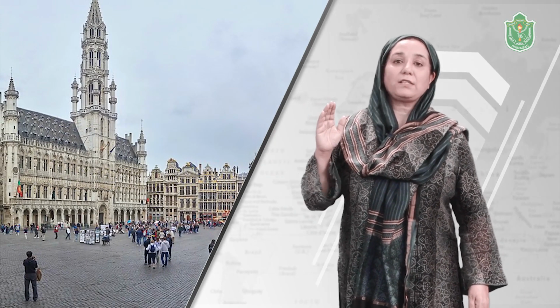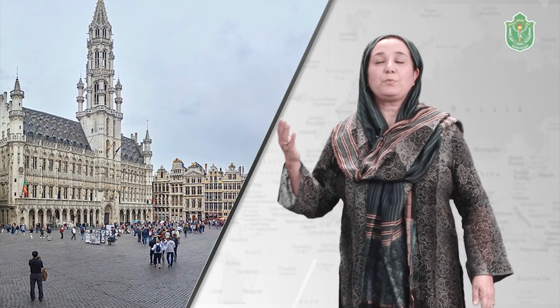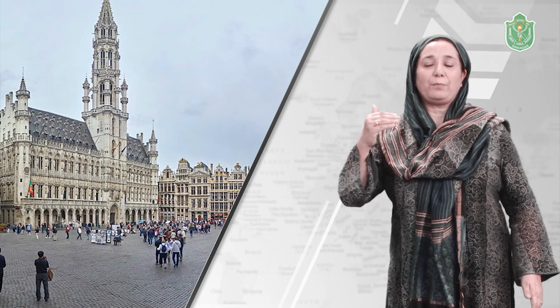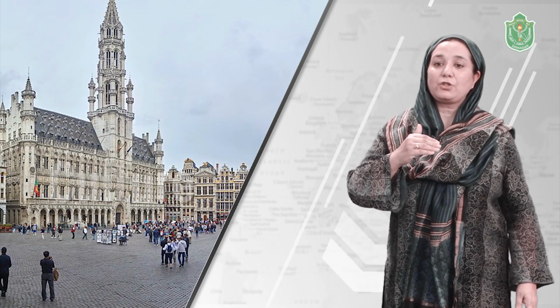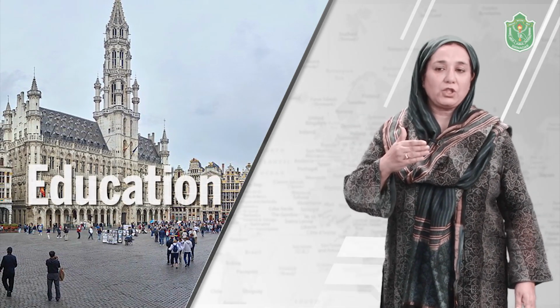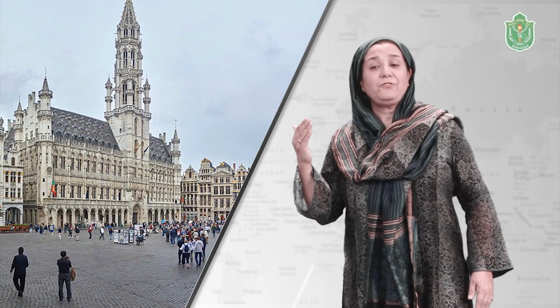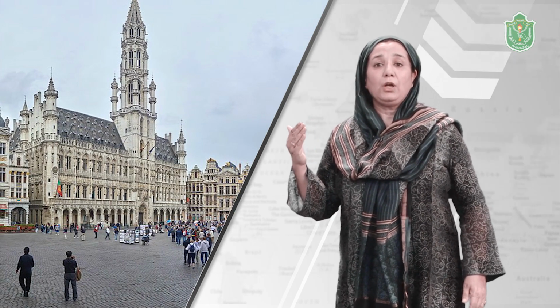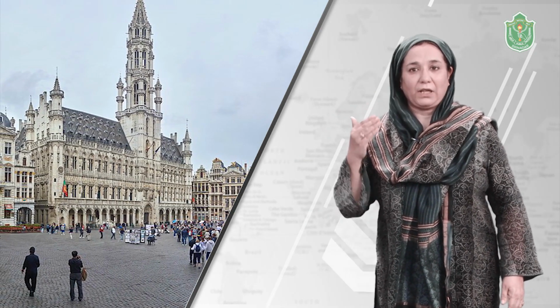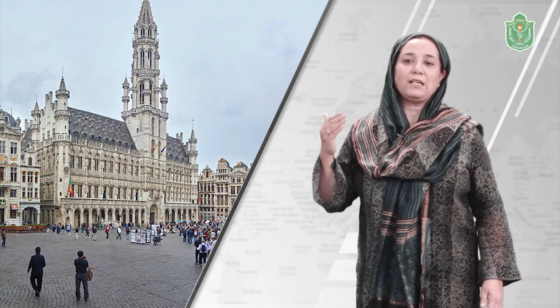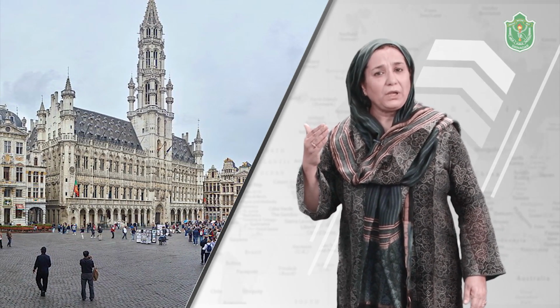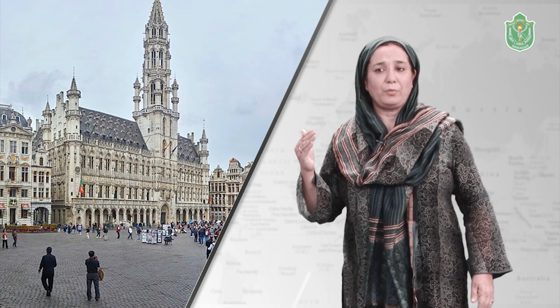Now, what does this community government do? What powers does it have? It has powers related to culture, education and language. Now children, you might find that this Belgian model is very complicated. Indeed, it is complicated, even for the people of Belgium.